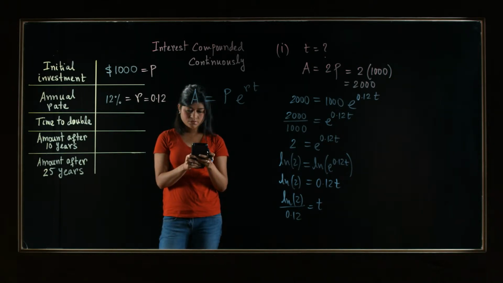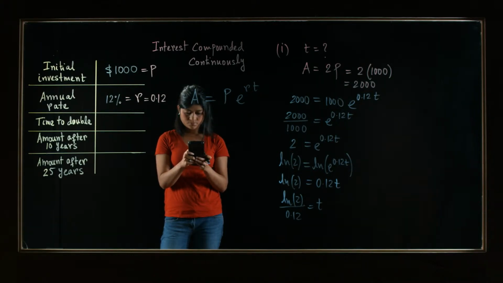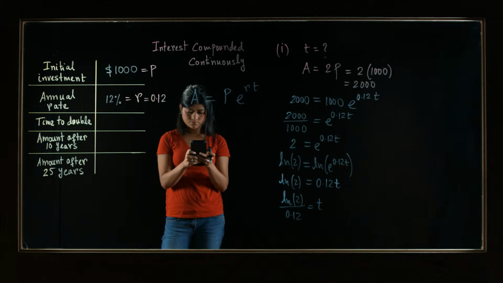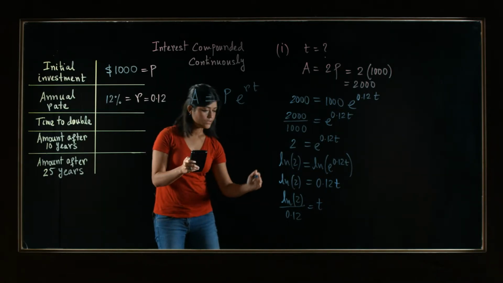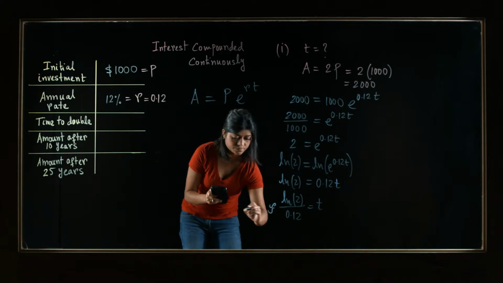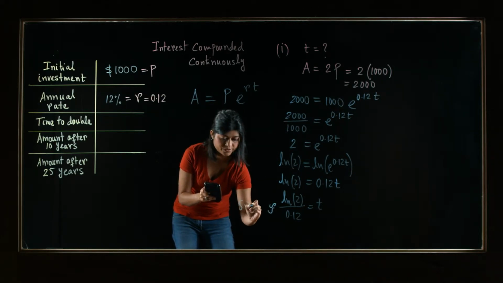Let's plug in natural log of 2 divided by 0.12, and that is about 5.78.